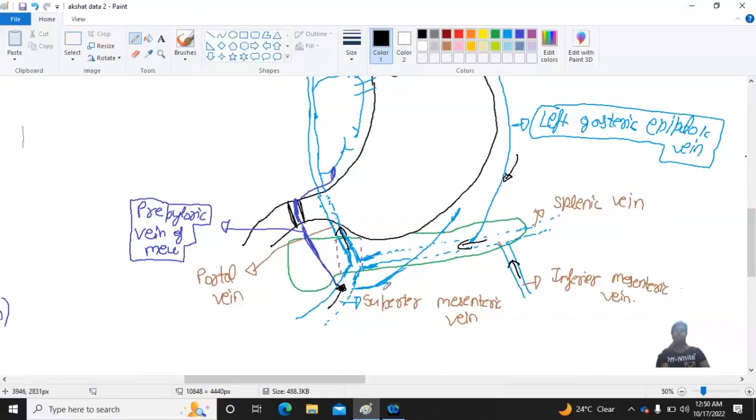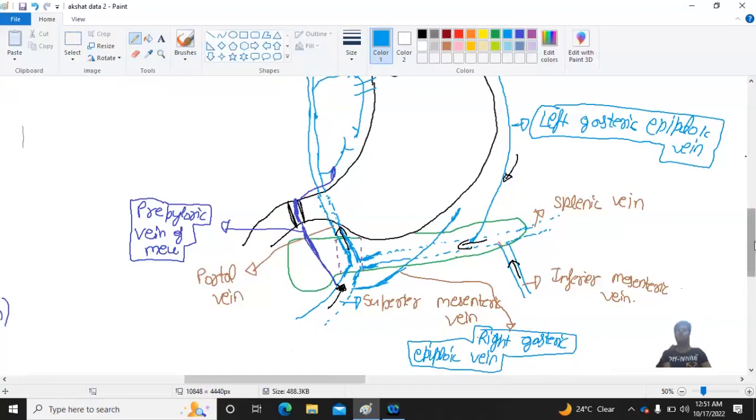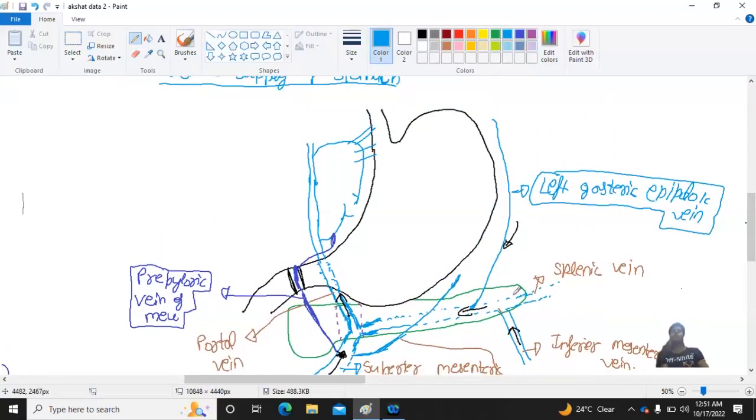Done. So this is a tributary of the superior mesenteric vein, which is called the right gastroepiploic vein. The left gastric vein and splenic vein also give some fundus branches, short gastric veins, similar to the short gastric arteries.